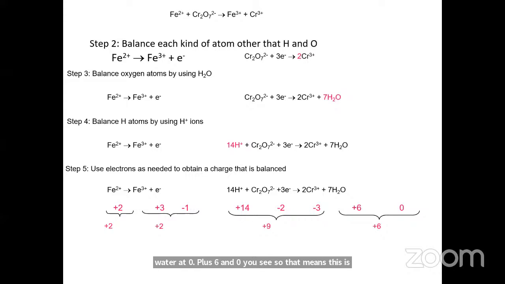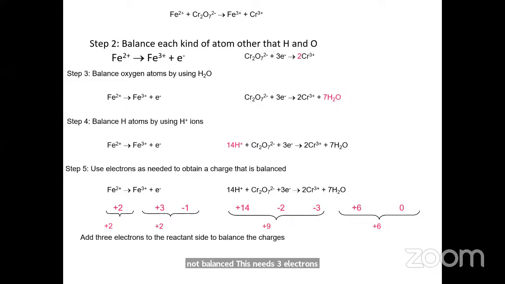This needs 3 electrons. Add 3 electrons to the reactant side, because that's where you have +9. So you need to subtract 3 to make sure you have +6 on the other side. So when we add another 3 electrons to the existing 3, it becomes 6.